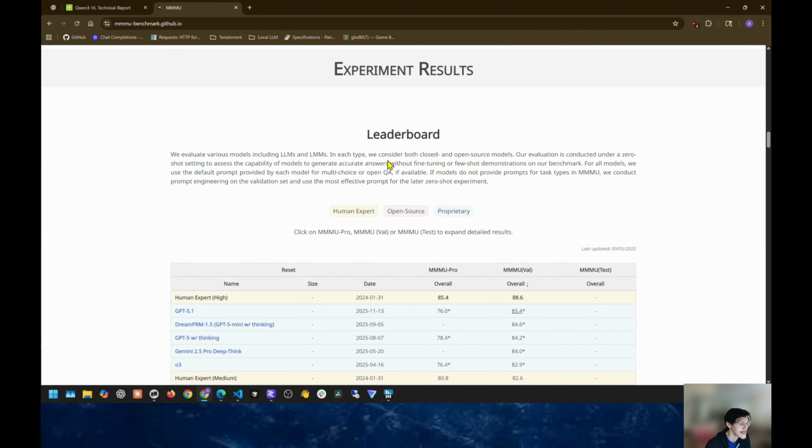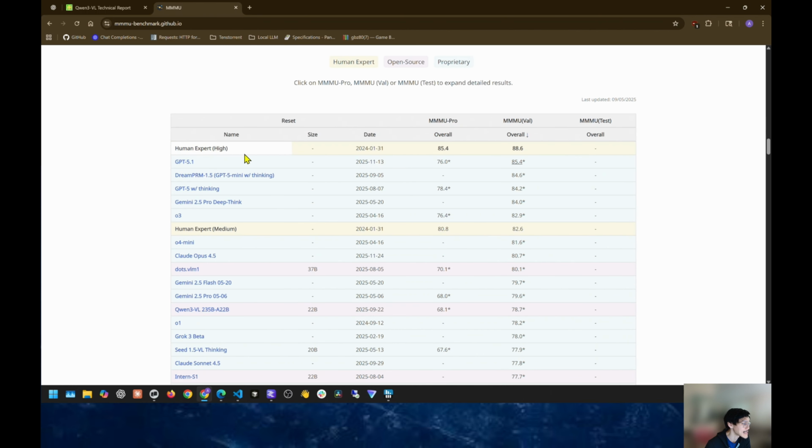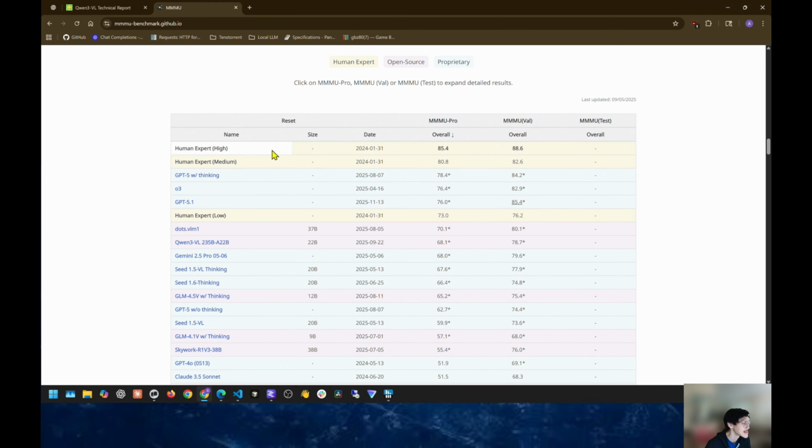Interesting. Leaderboard, GPT 5.1. Let's see. Human expert, okay, human expert medium. GPT 5 with thinking is the best. So Qwen3 is pretty up there too, right here. Dots VLM, surprisingly.